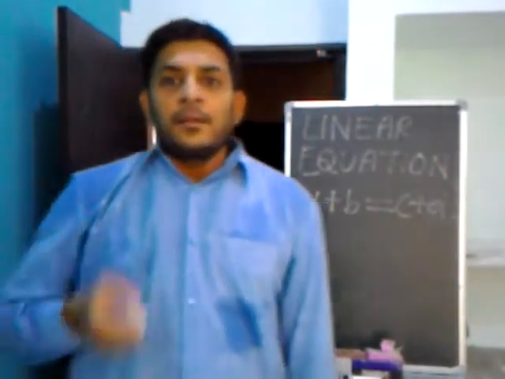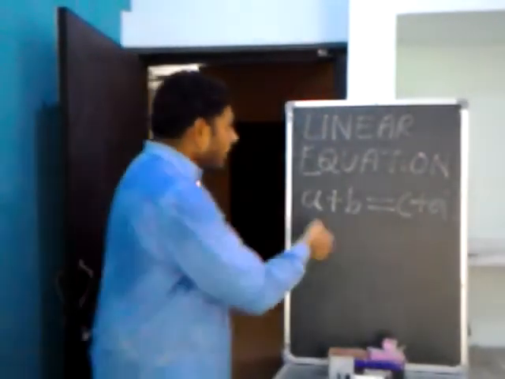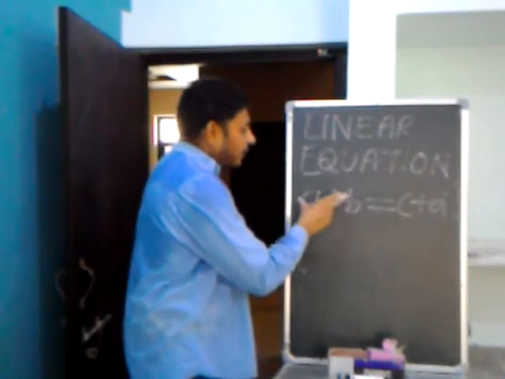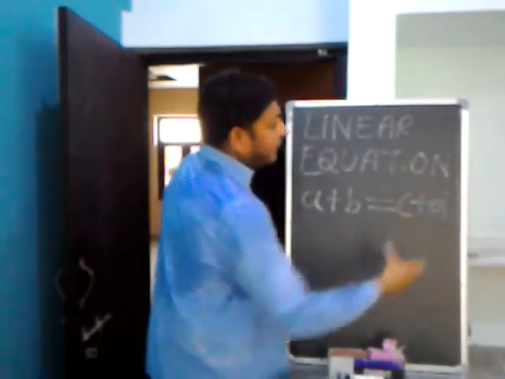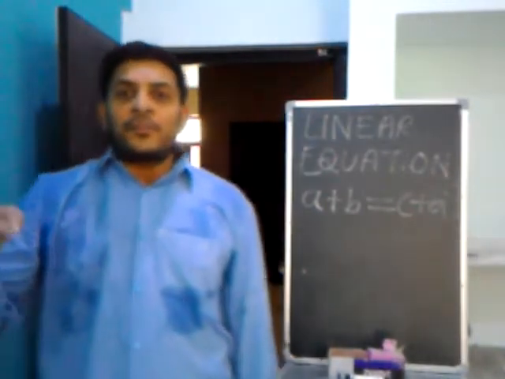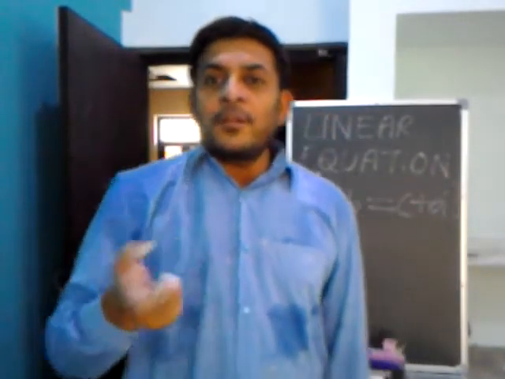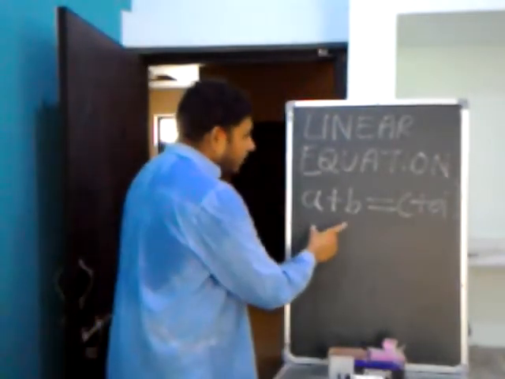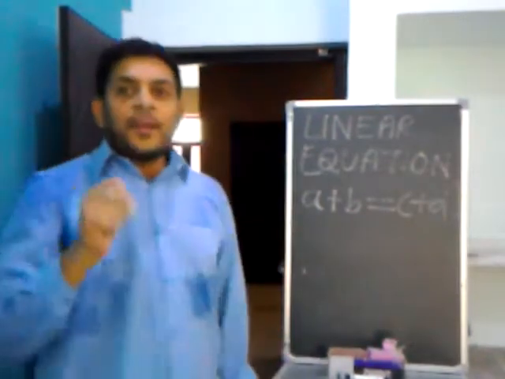But the result should be same. That means no matter whatever operation we have done on the left side, and no matter whatever operation we have done on the right side, the answer should be the same on both sides. That means the answer of these and the answer of these, both answers should be equal.